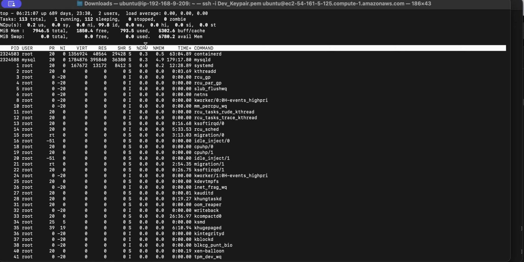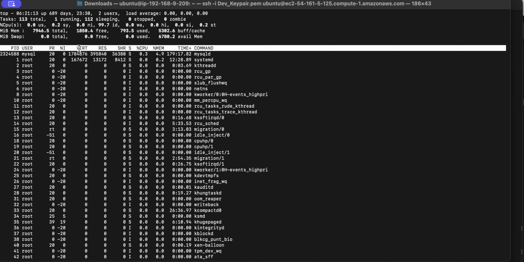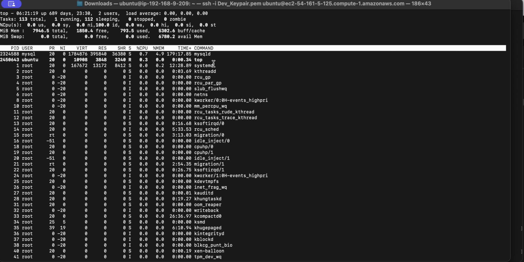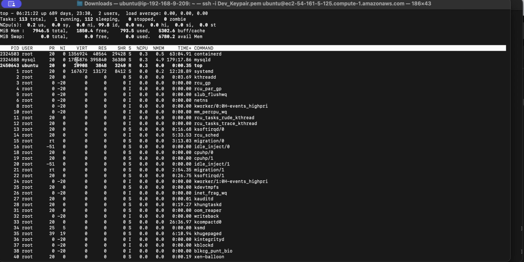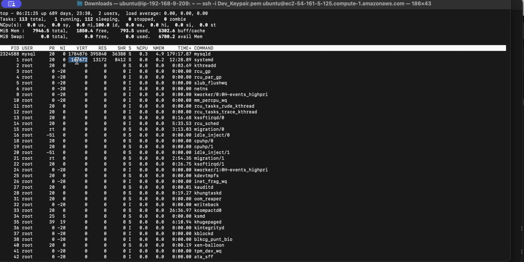Now this VIRT, this is one of the important parts. This is the virtual memory used by this process. So this process is using this much KB.